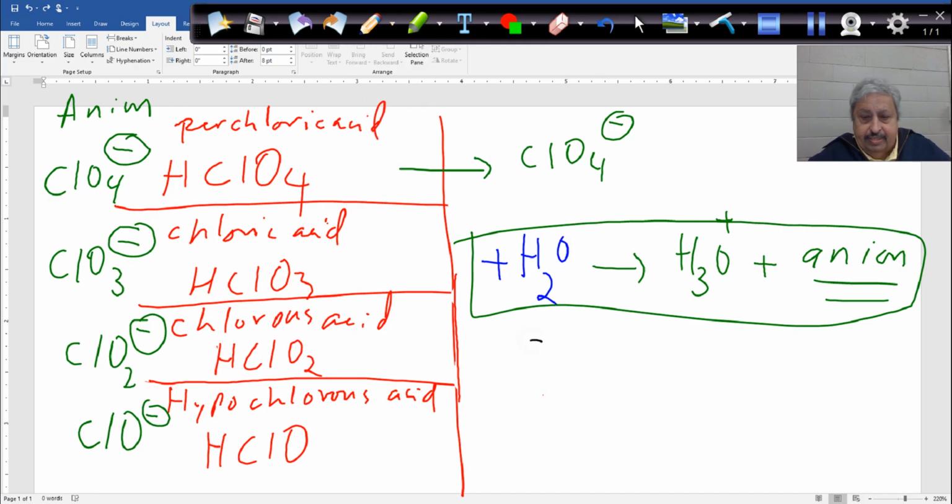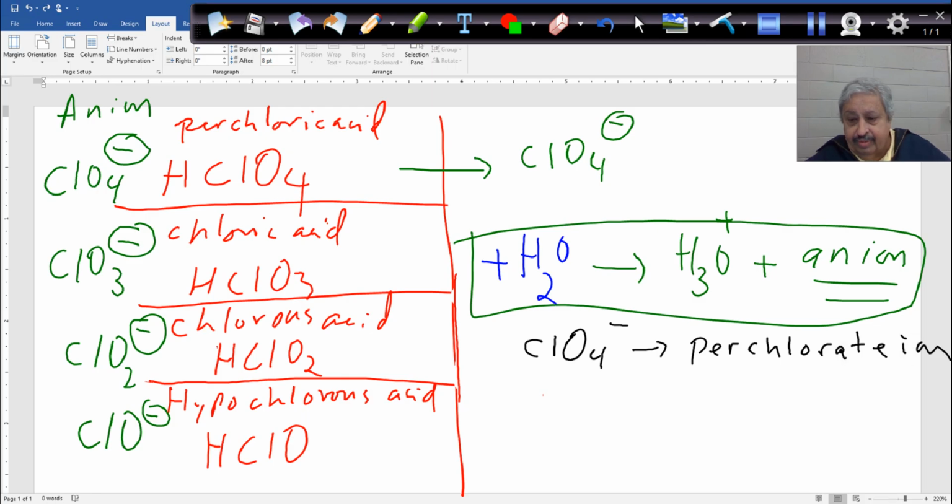The ClO4 minus is coming from perchloric acid, so it will be perchlorate ion.